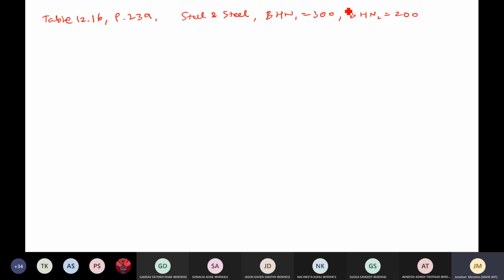There is 300 and 300, there is 250 and 200, there is 300 and 250, but these two combinations don't exist. Of course, these are some standard values that are given, but even though that is not given, we can still find out using the formula that is given.